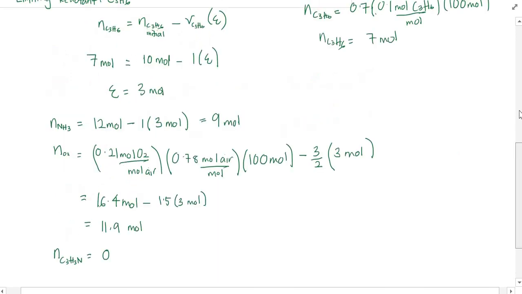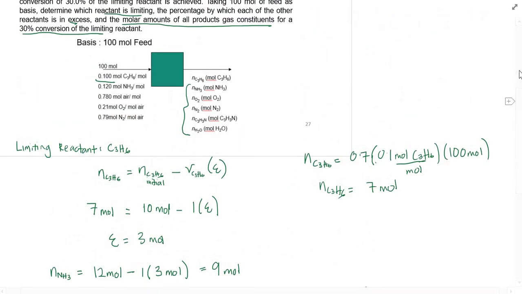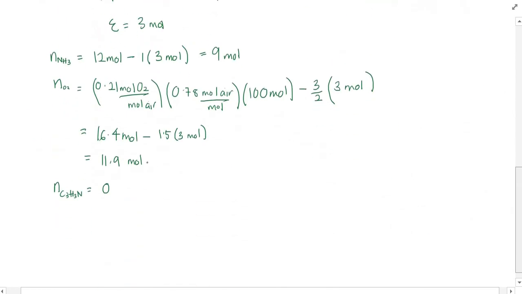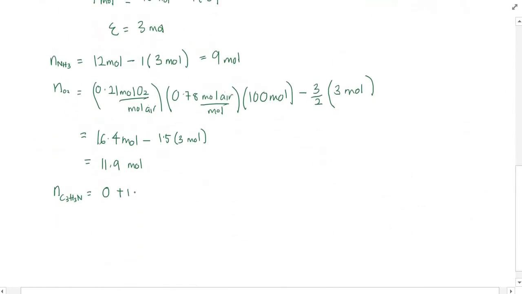Let's check the stoichiometric ratio, it's 1, so plus 1 E, where your extent of reaction is 3 moles.